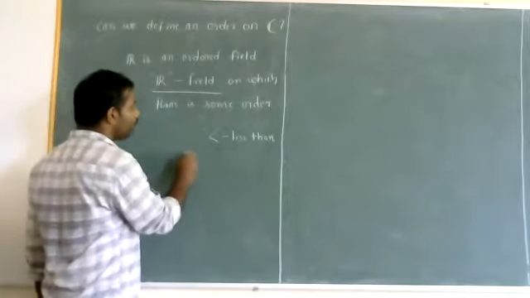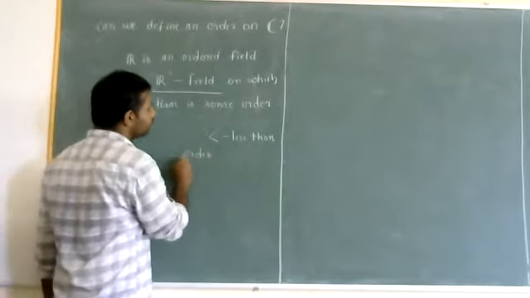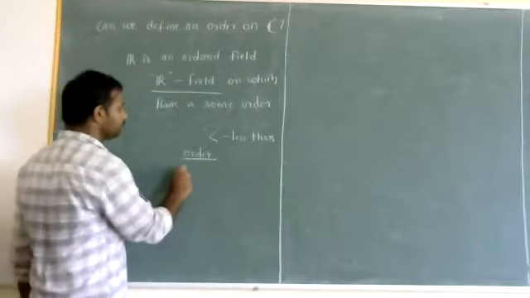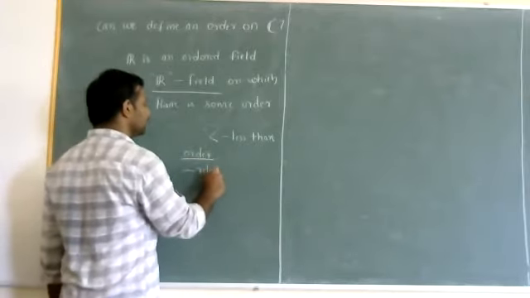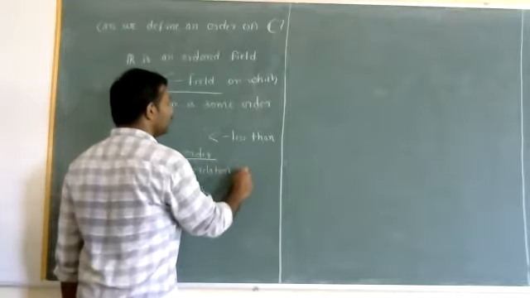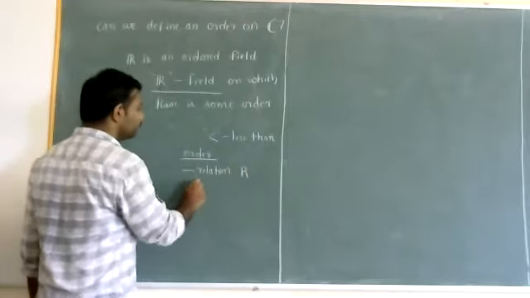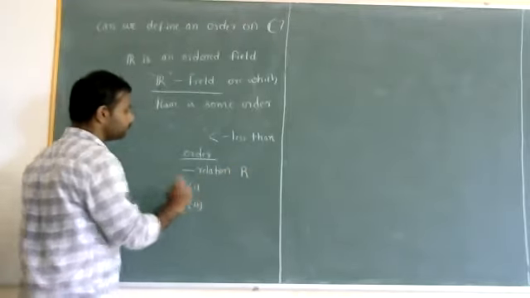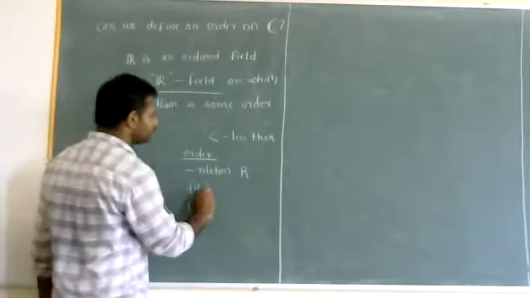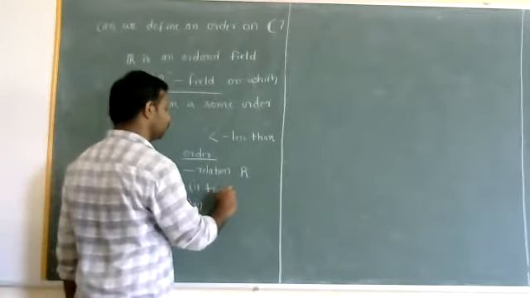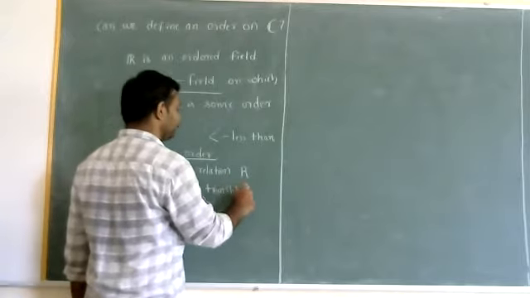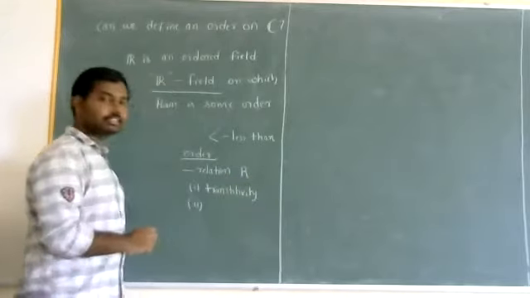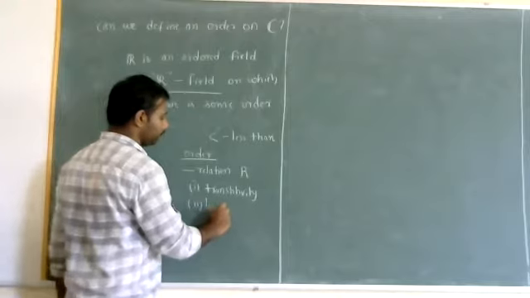What do you mean by order? Order means it is a relation R which satisfies two conditions. One is transitivity, and the other is the law of trichotomy.